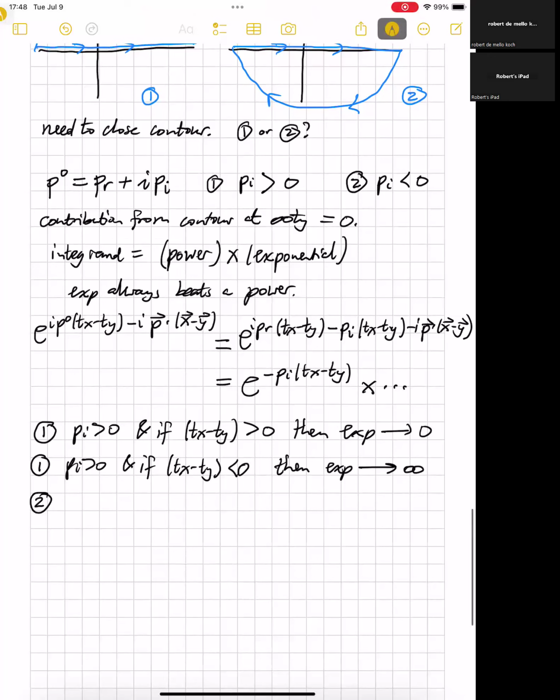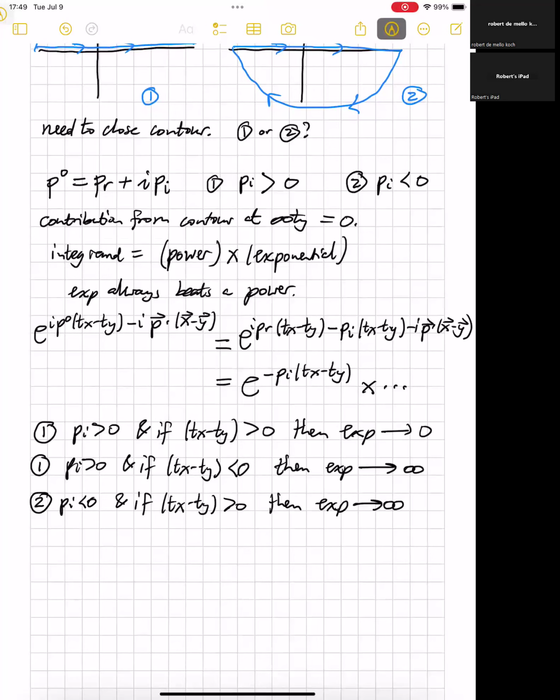What about contour 2? For contour 2, we know that pi is less than naught. So in this case, if tx minus ty is greater than naught, then the exponential will blow up. Why? Tx minus ty is positive, pi is negative, so e to the minus pi (tx minus ty) is e to a positive number.